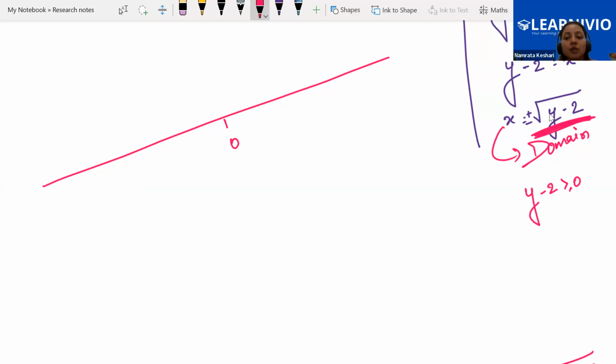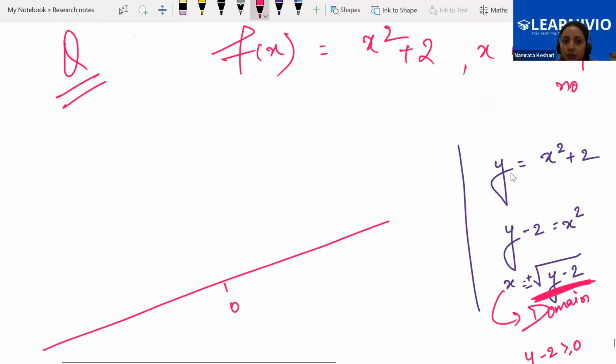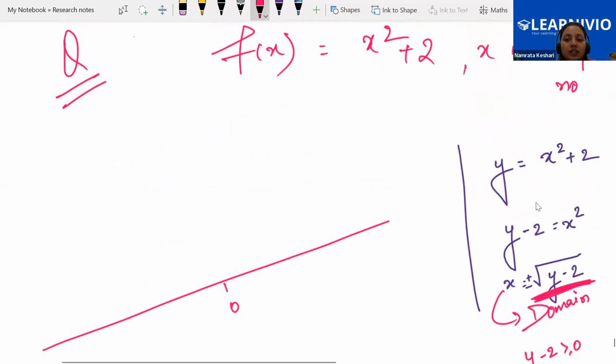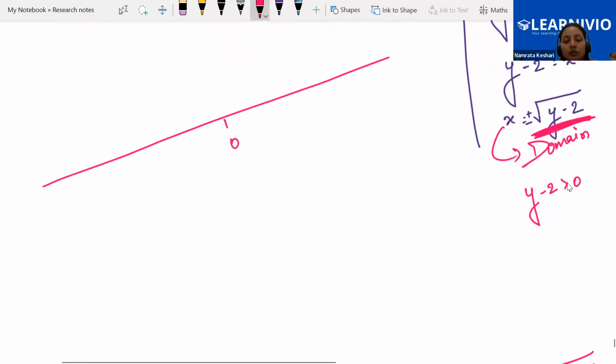So whatever will be the possible y, directly we will get the range. Initially getting the range was not that simple. Yes, there are other possibilities also, but let's try this one for now because you already know both concepts. We can write the equation like this and then think the way we think about the domain. So can we write y minus 2 greater than or equal to 0?